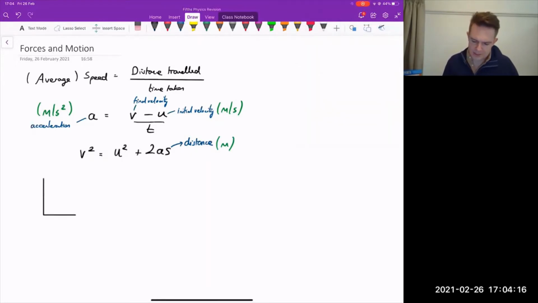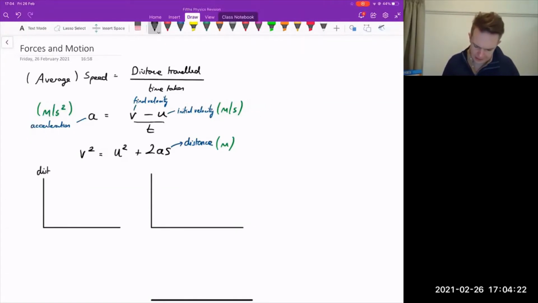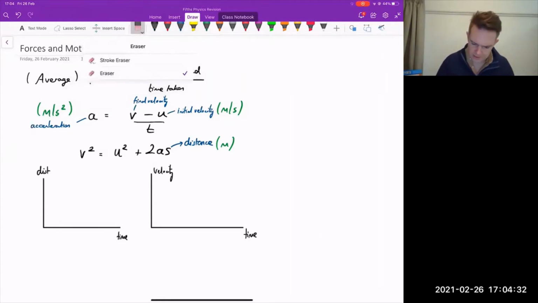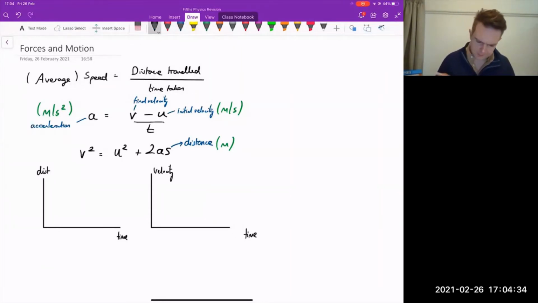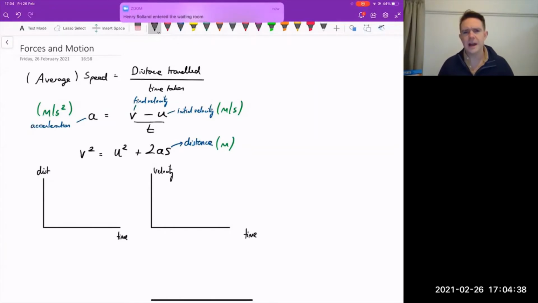We also need to be happy with the 2 types of graph, distance time and velocity time. Those are the only 2 types of motion graph that you will come across at IGCSE, and you need to be comfortable identifying the kind of motion which is being represented.